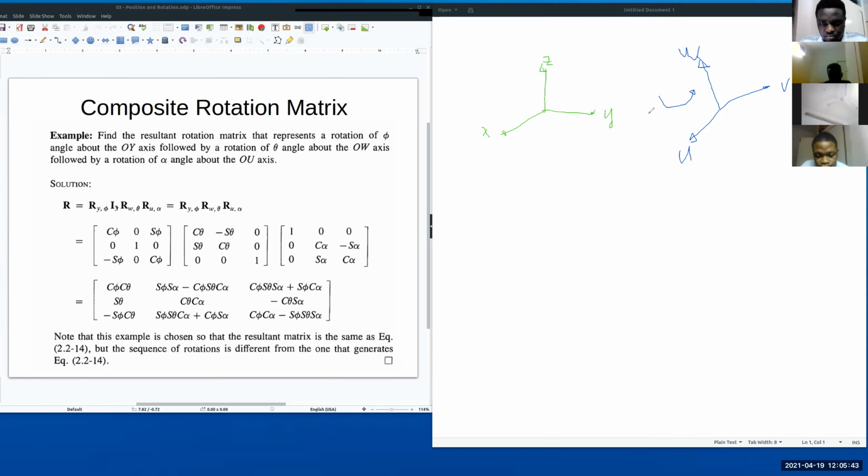From X, Y, and Z, you rotate, for example, the first rotation, let's just say R1. And then now you rotate again, and you have another reference frame.